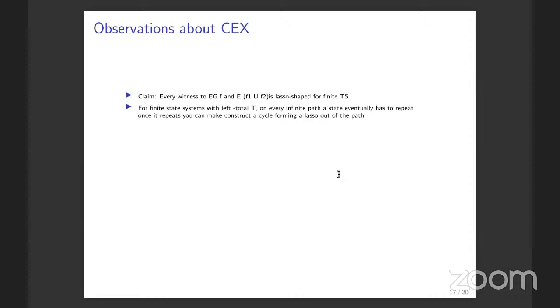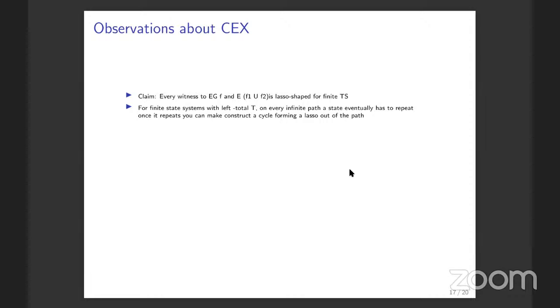A lasso, just for completeness, has a cycle and a finite tail starting from some start state leading to some state on the loop part.